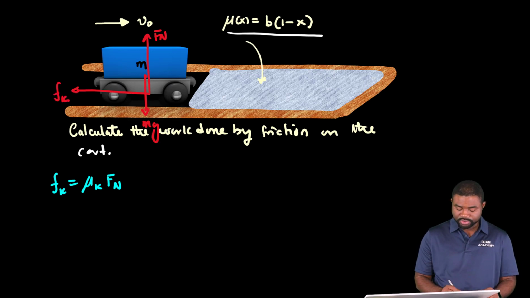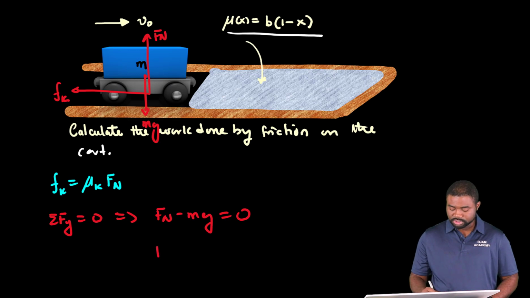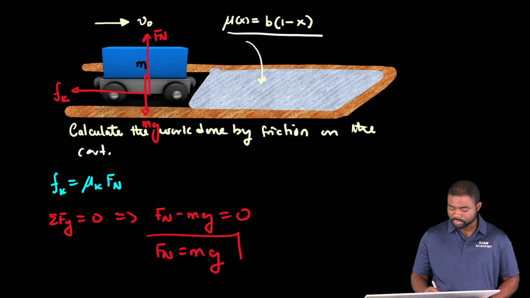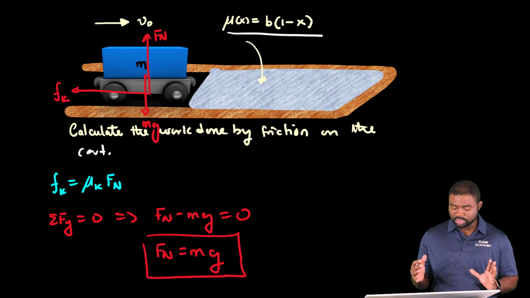Now clearly the sum of forces along the y direction is 0. This would mean that Fn minus mg will be equal to 0. In other words, the normal force on the car is just equal to its weight. This is something that you should already be able to see.